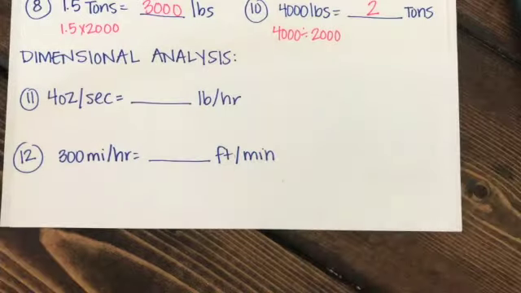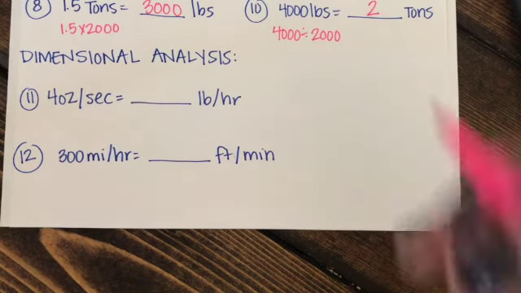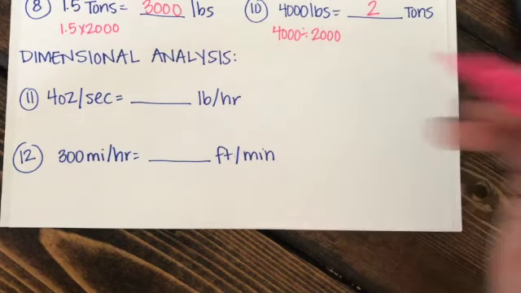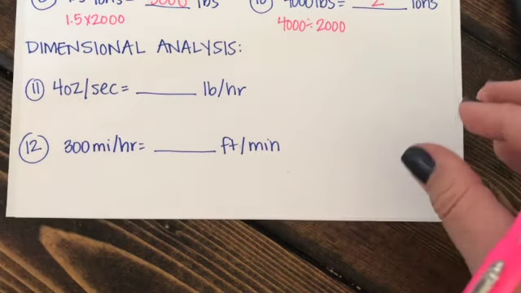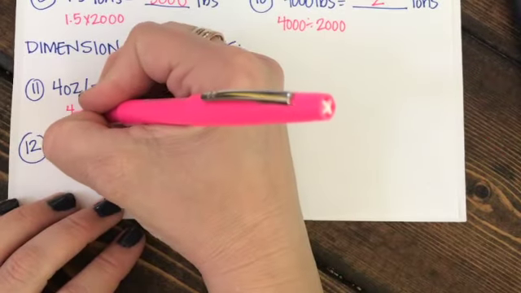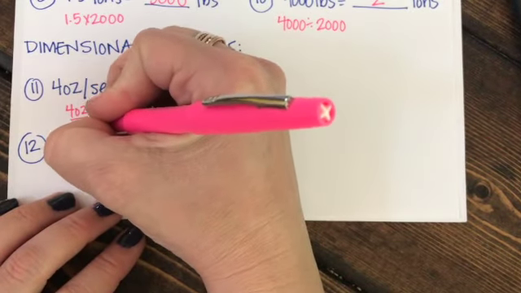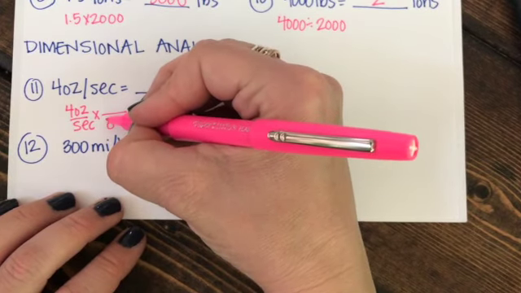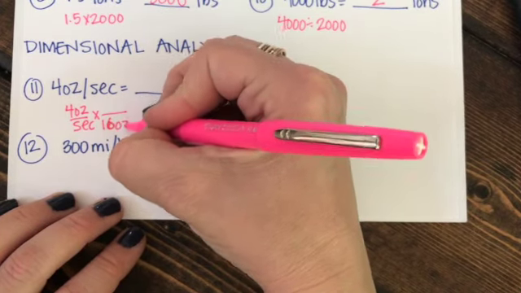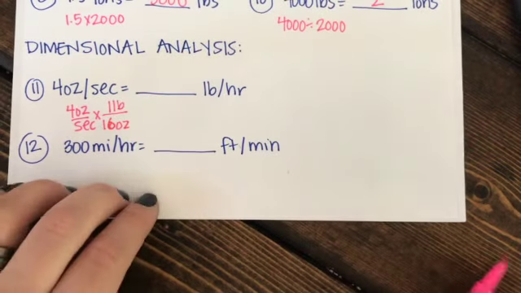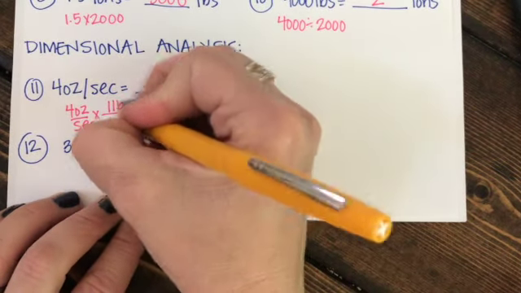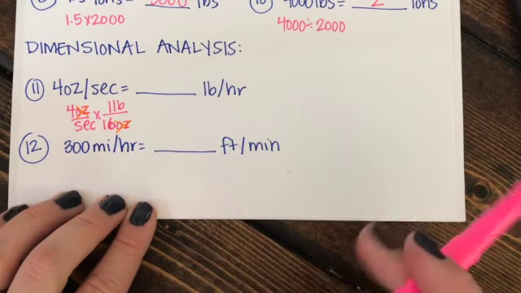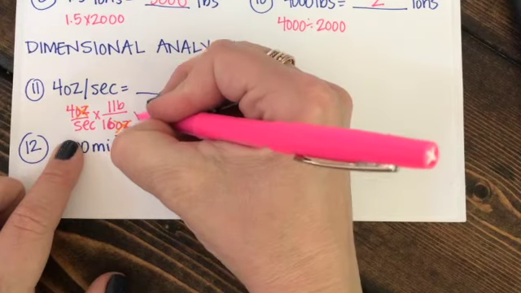Okay, then I have just 2 little dimensional analysis ones on here. So 4 ounces a second is how many pounds an hour. So let's say we're working in a factory or whatever, and our machine is making 4 ounces of chocolate every second. Okay, so if I'm trying to get that into pounds, well, I know that 16 ounces are in 1 pound. I did that because I want ounces and ounces to cancel. So I'm left with pounds on the top, which is what I want, and now I just have to get seconds into hours.